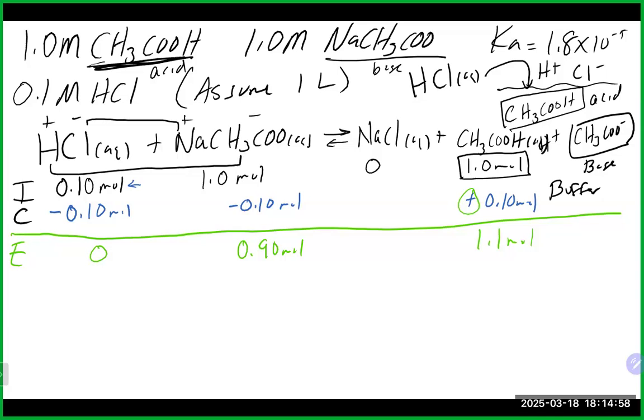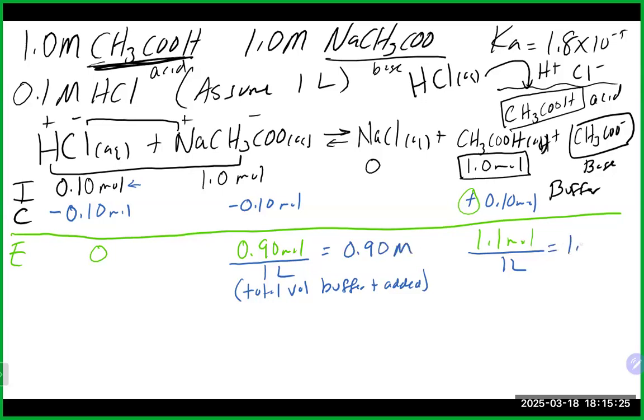In this particular example, though, we're just keeping everybody at 1 liter to make everything nice and easy. So we will divide by 1 liter. But again, normally this should be your total volume, and that would be your buffer plus whatever you added. Obviously, it should be in liters as well, to get everything correct.